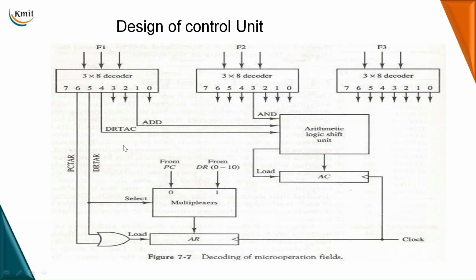So this diagram explains only 5 micro operations out of the 20 possible. We are not showing all the connections for all the micro operations because that makes the diagram more complicated. So they gave a simple example with just 5 micro operations. Similarly, all the micro operations will be performed using the same design.